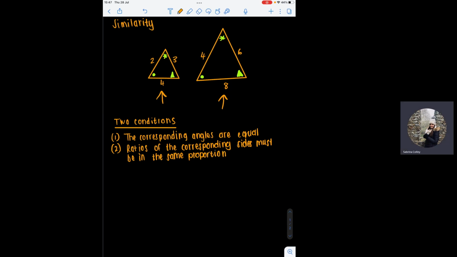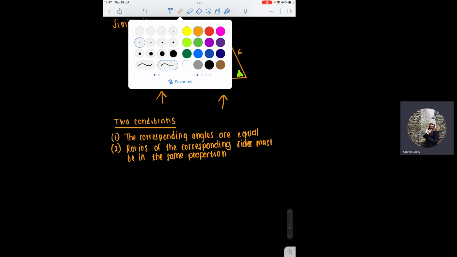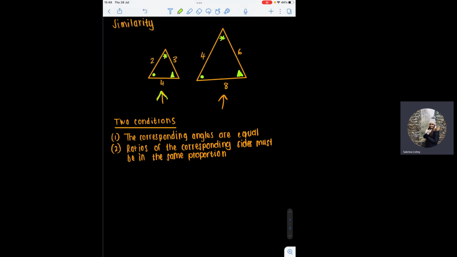So basically what this means is if I look at this smaller triangle and compare it to this bigger triangle, corresponding sides, so if I'm looking at this side on the left, then I'm looking at this side on the left for this triangle. I can see that from 2 to 4, this has just been multiplied by 2. From 3 to 6, it's been multiplied by 2, and from 4 to 8, it's been multiplied by 2. So all the sides must be in the same proportion.